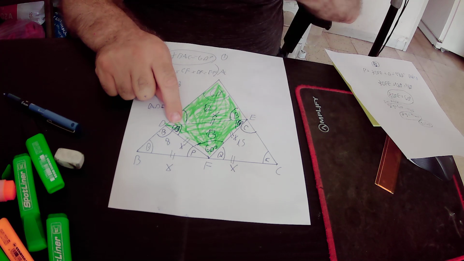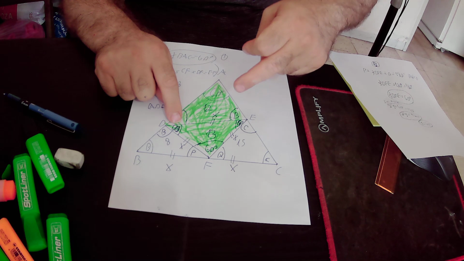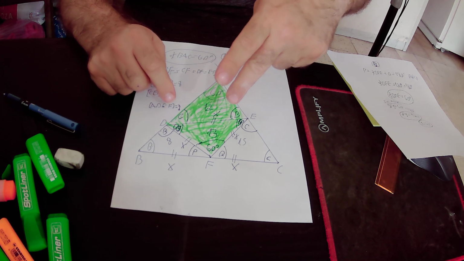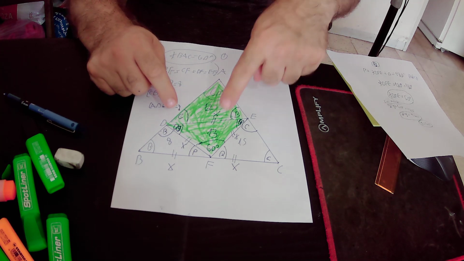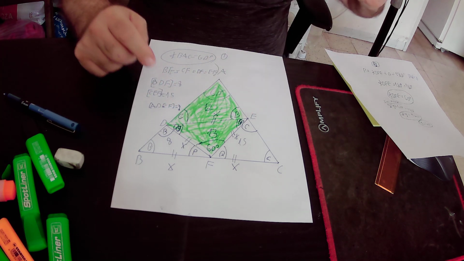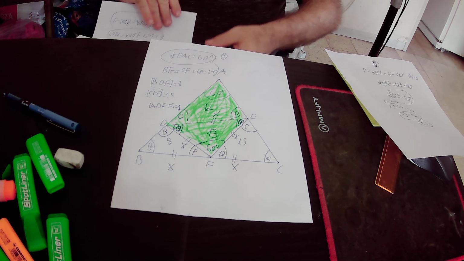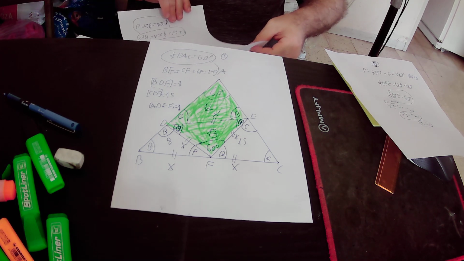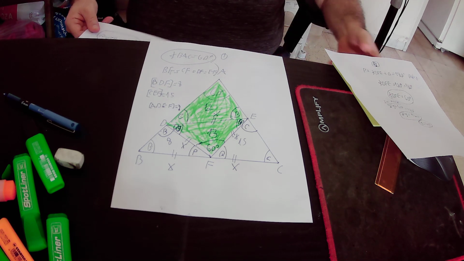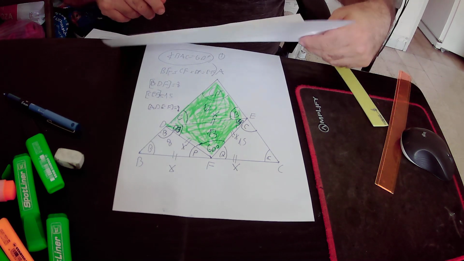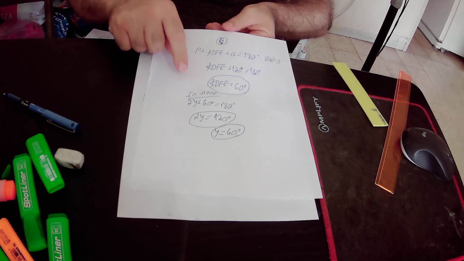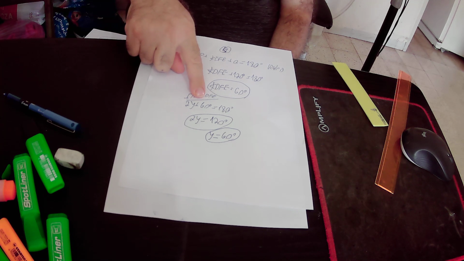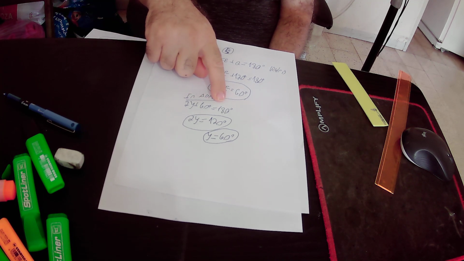And then we again implemented rule number 1 that says that the sum of the angles in triangle DEF equals 180 degrees. So 60 degrees plus y plus y must be equal to 180 degrees.